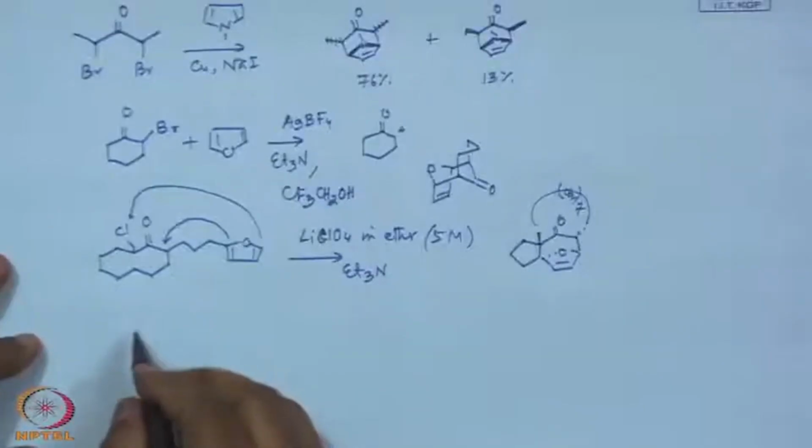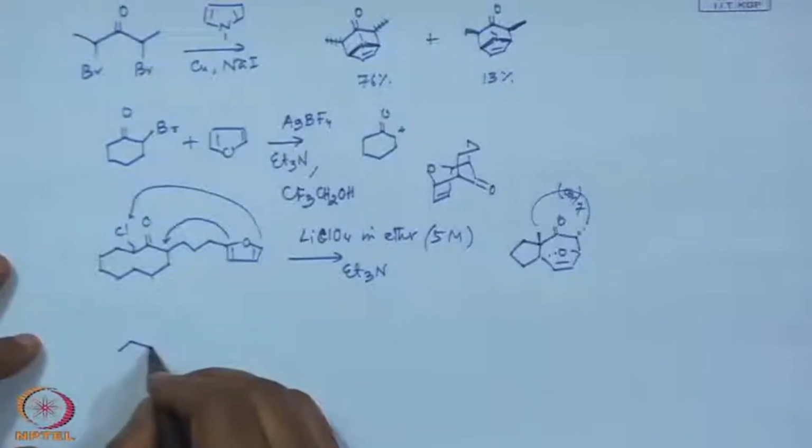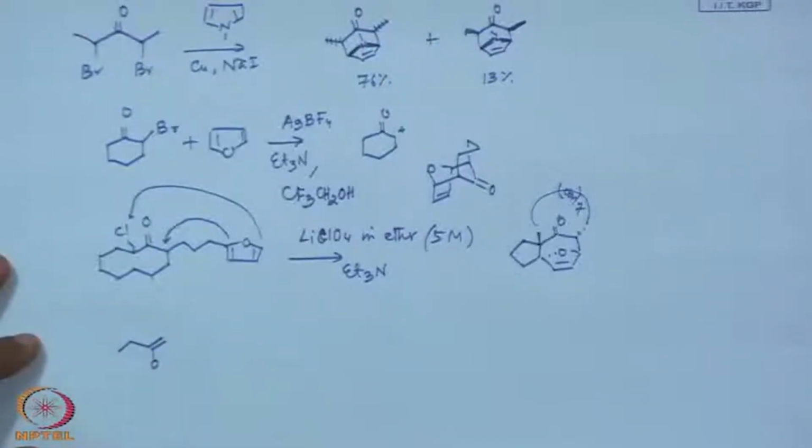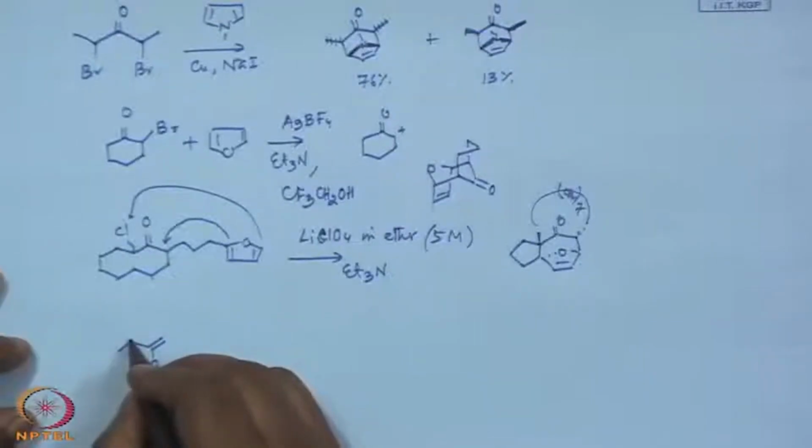For example, this substrate is again a variation of that, an intramolecular reaction. In this case, the substrate would look like this. That means a minimum requirement is a double bond, that is for sure, and you have to have an allylic substituent.